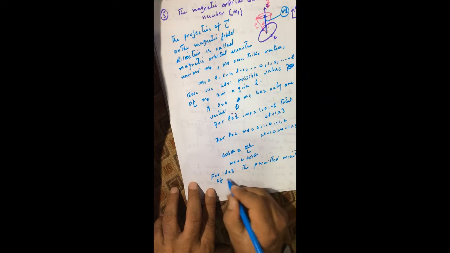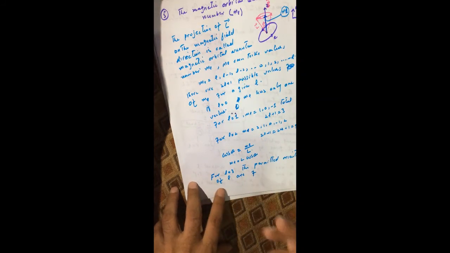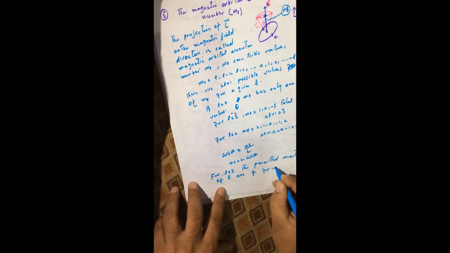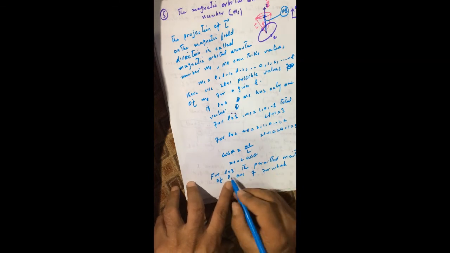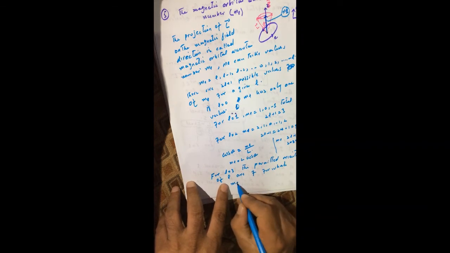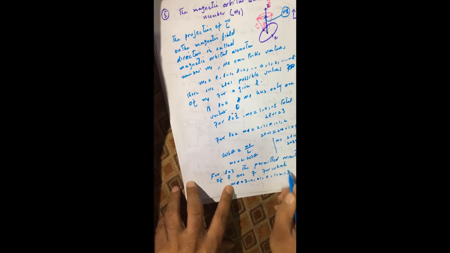If L is equal to 3, then ML has how many values? ML has 2L plus 1 values, 2 times 3 plus 1, which is equal to 7 values. And ML has 7 values, which are 3, 2, 1, 0, minus 1, minus 2, minus 3.